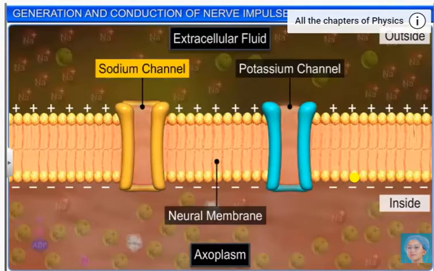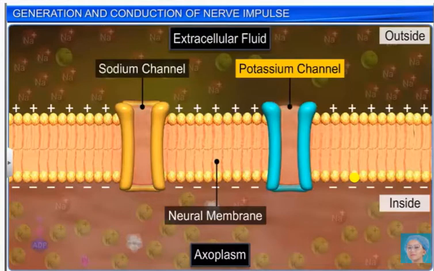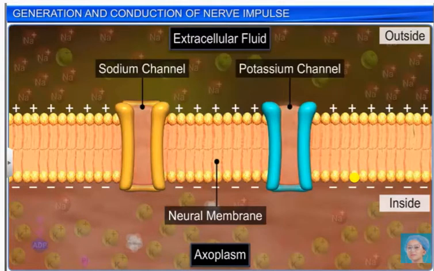The neural membrane has sodium and potassium ion channels called voltage gated or regulated channels. These channels open or close according to the electric potential across the membrane.